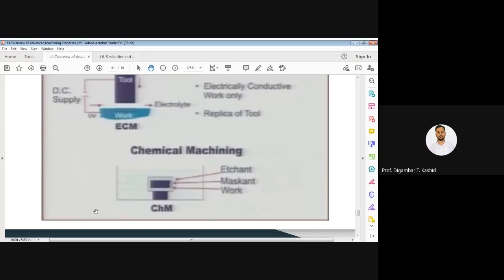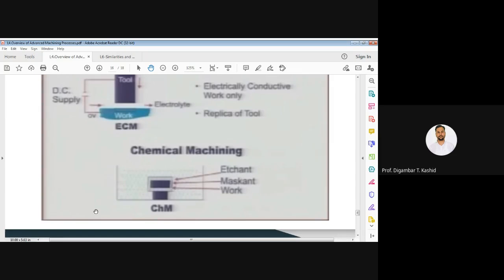Okay, got it. So up till now we have covered the mechanical energy based processes, that is water jet machining, abrasive water jet machining, then ultrasonic machining. Then we went to electric discharge machining, laser beam machining, electron beam machining, plasma arc machining, and ion beam machining.